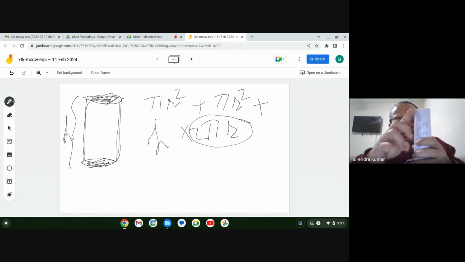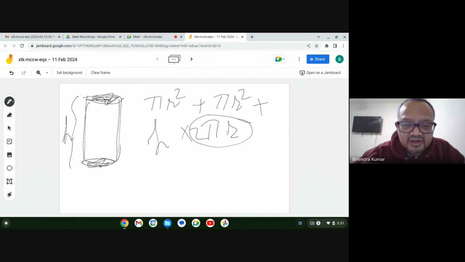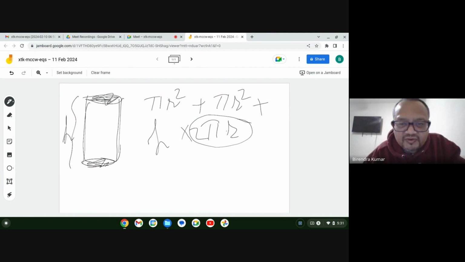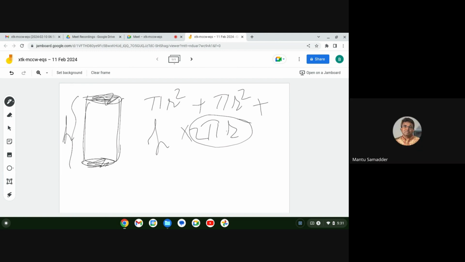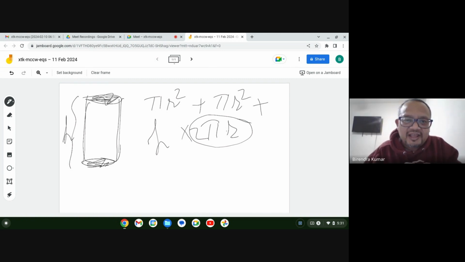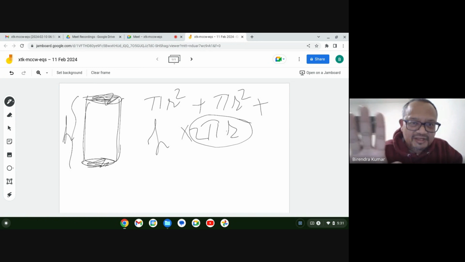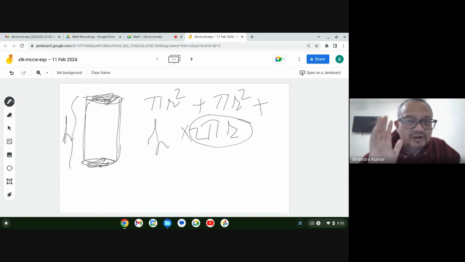See, this was my height, right? And this was the perimeter or circumference of the circle. What is the circumference? 2 pi r, right? So this 2 pi r became one side of the rectangle, and this is my height. Am I making sense so far? Trust me, it is all about how you visualize this.